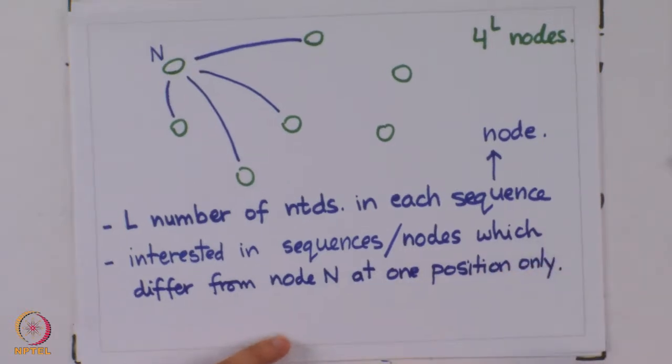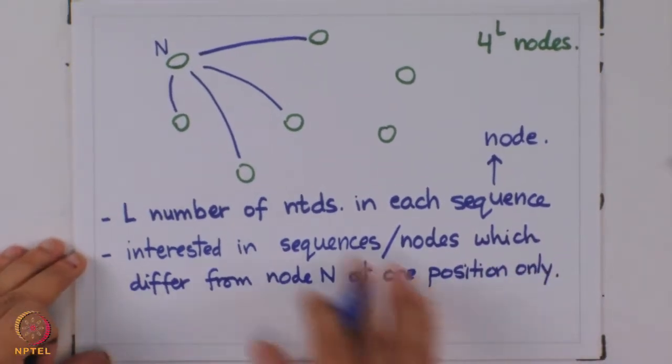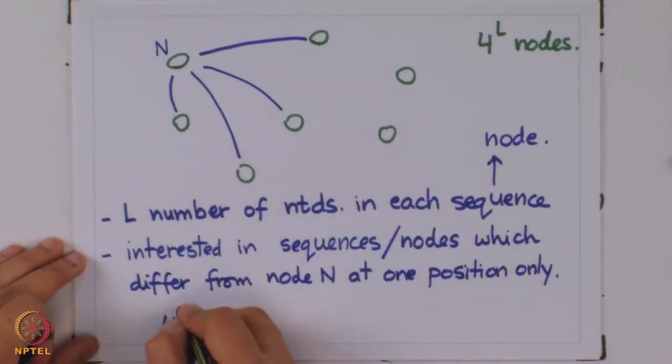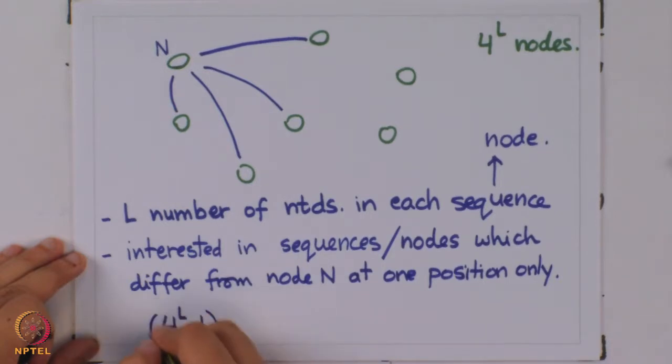Those are the nodes that we are interested in. And of the total available nodes, we have 4 to the power L minus 1 available nodes.